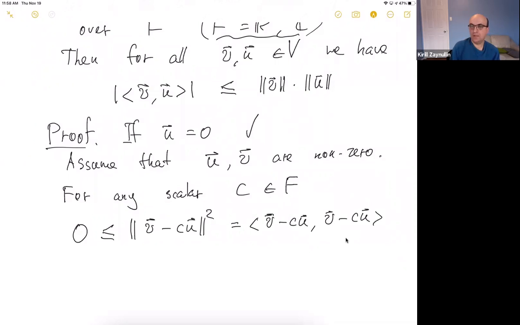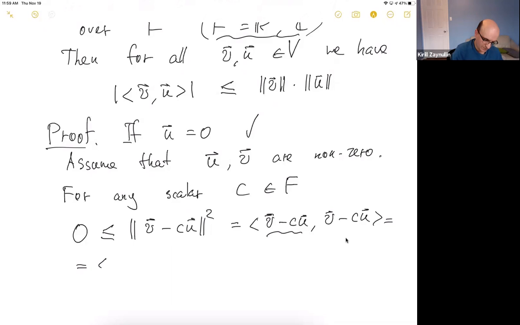And then we can use the properties of the Hermitian form of the inner product. Remember, this is linear with respect to the first coordinate, and it is almost linear with respect to the second, but we have to put a bar if we move out the constant. So let me carefully expand it. First I expand with respect to the first coordinate.